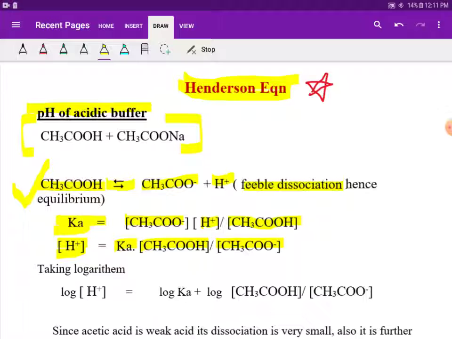Taking the logarithm, log H plus is equal to log Ka plus log of acetic acid by acetate ion.